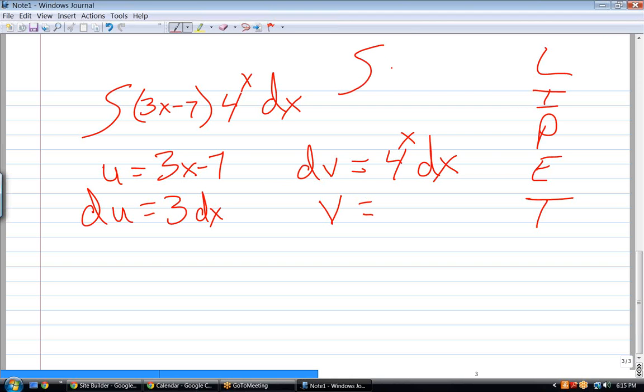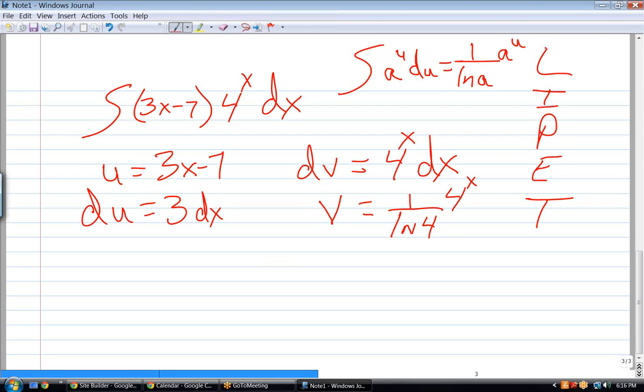Here's the formula. It's 1 over the natural log of a times a to the u. So that'd be 1 over ln of 4 times 4 to the x. Correct. In other words, it's the same as integrating e to the x.